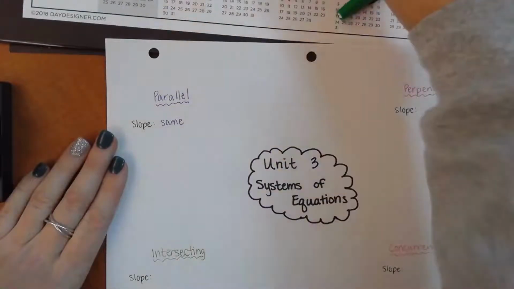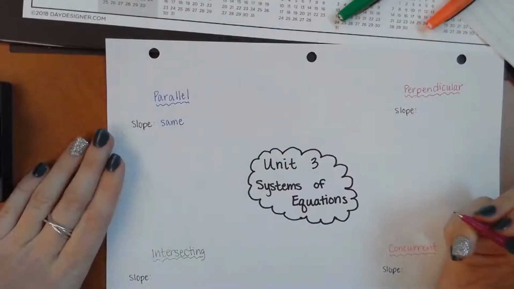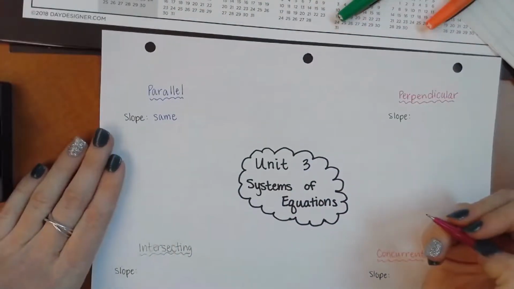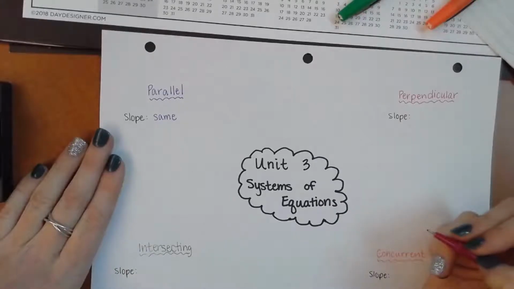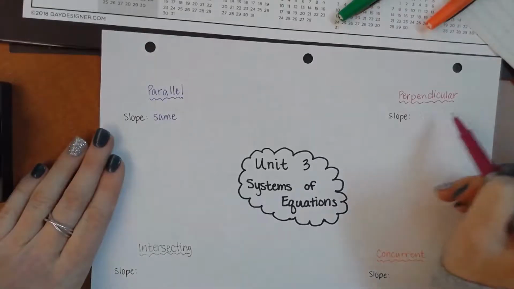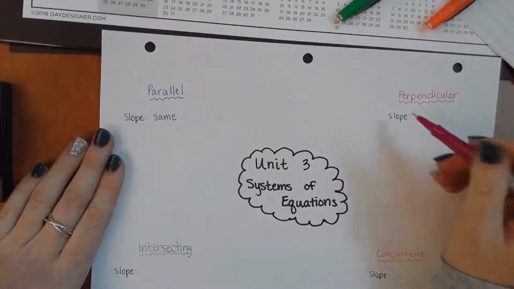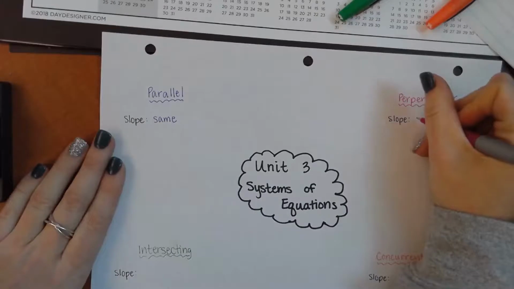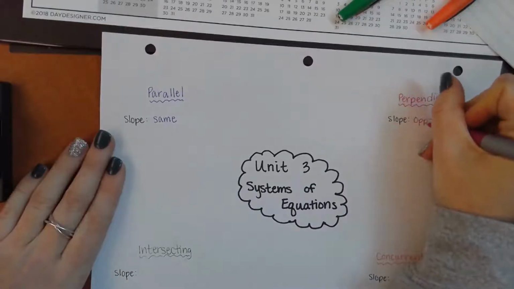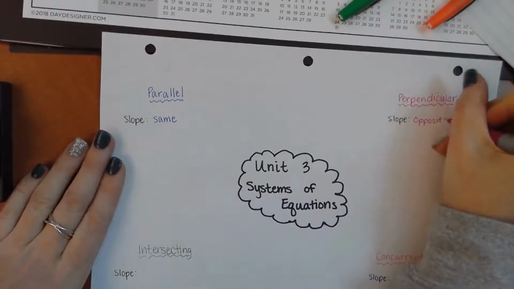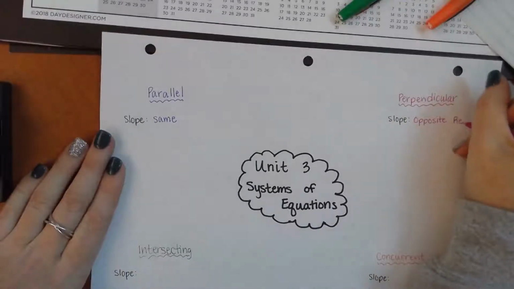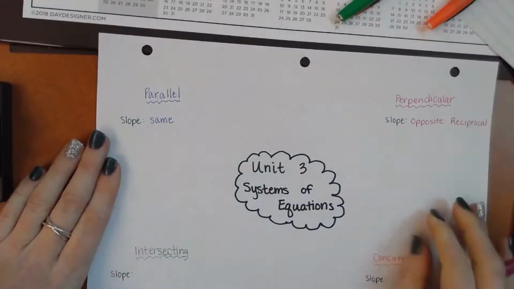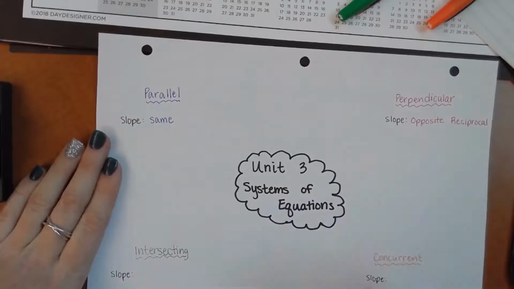And then for perpendicular, if you were able to do the extra credit section, you'll already be a little bit used to this, but the slope for perpendicular lines is going to be the opposite reciprocal, which we'll talk about in a minute.